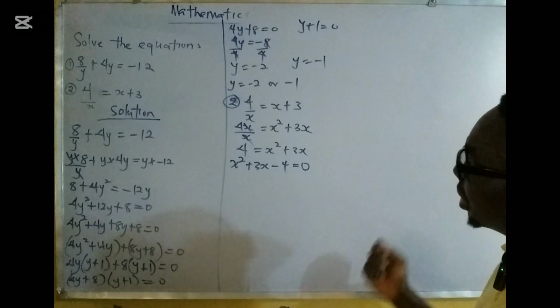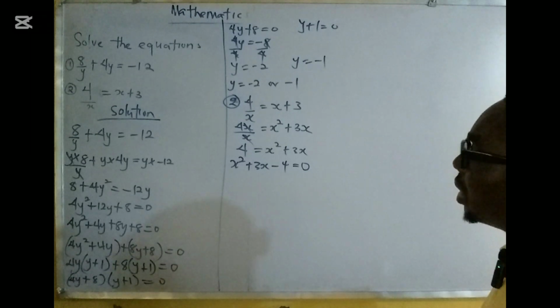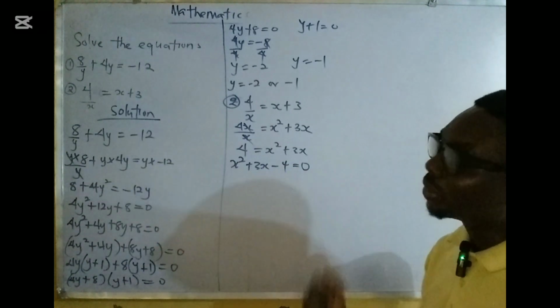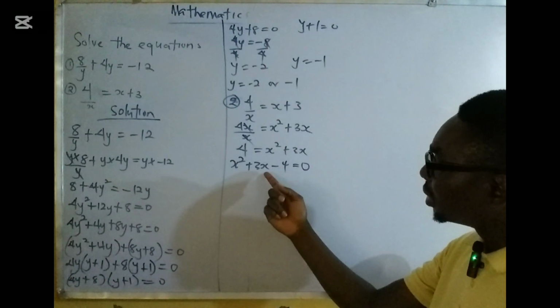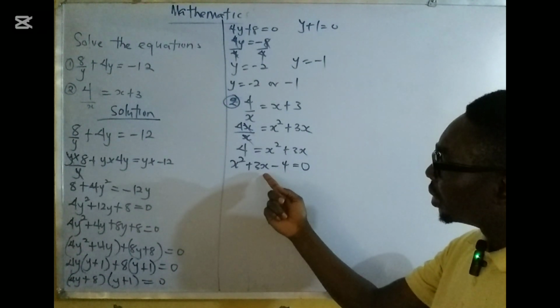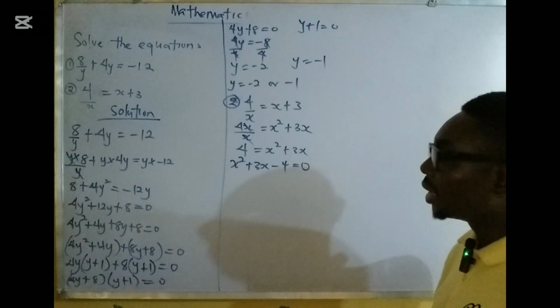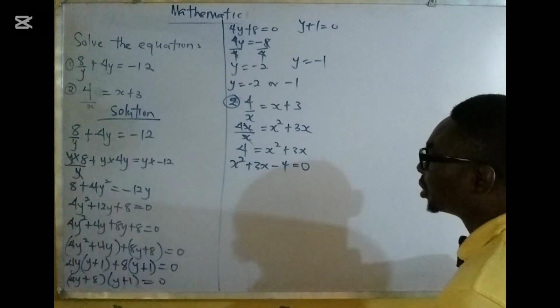Now, you see, if you multiply minus 1 times 4, you're going to get minus 4. And if you add minus 1 plus 4, you will get plus 3. They are all having x as their coefficient. So we now have what?